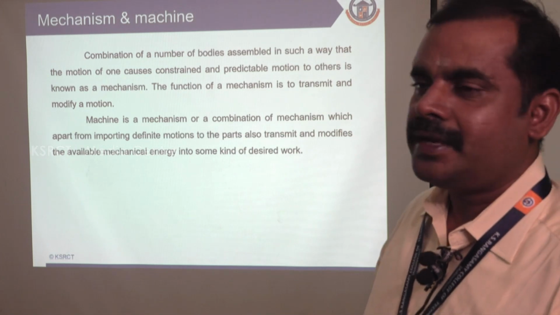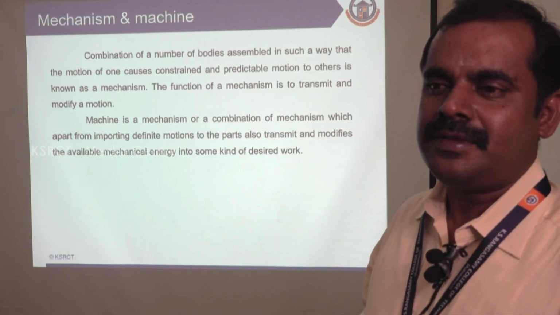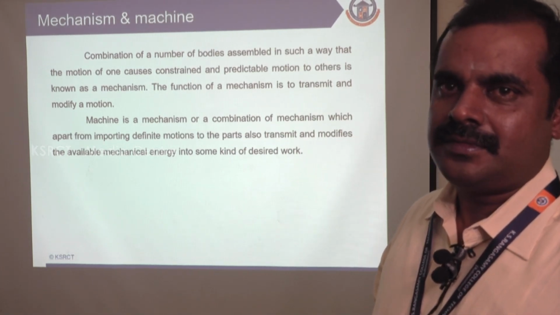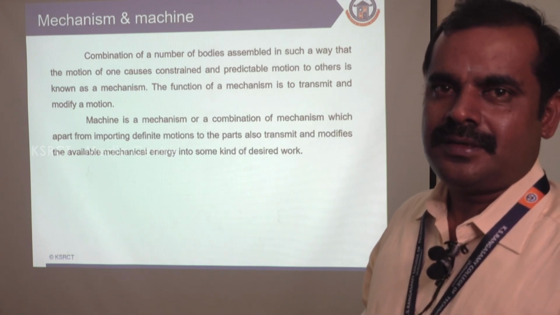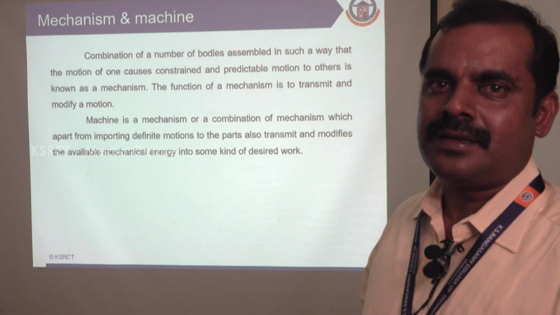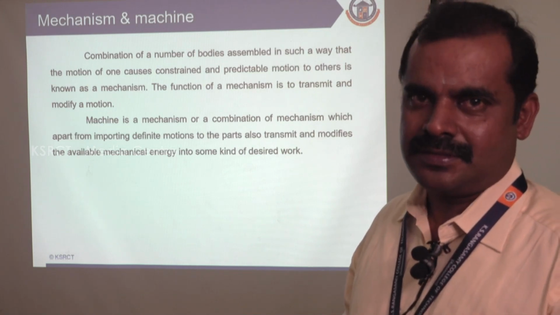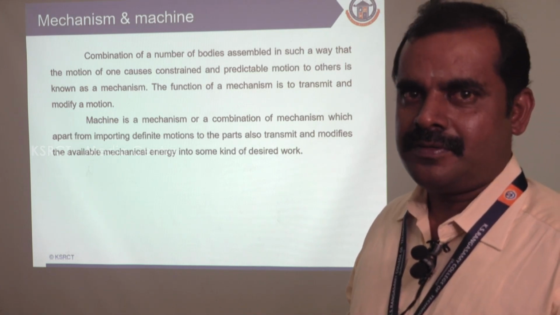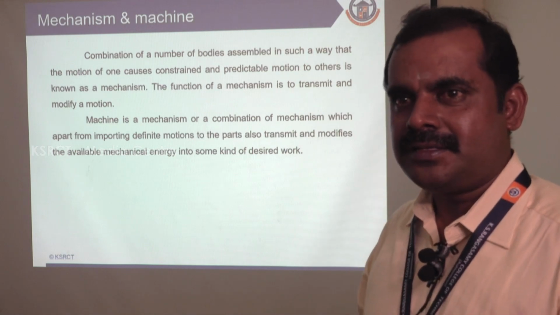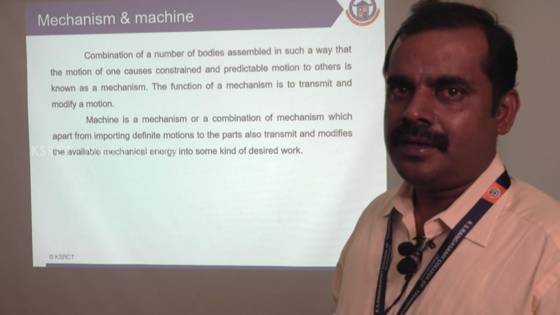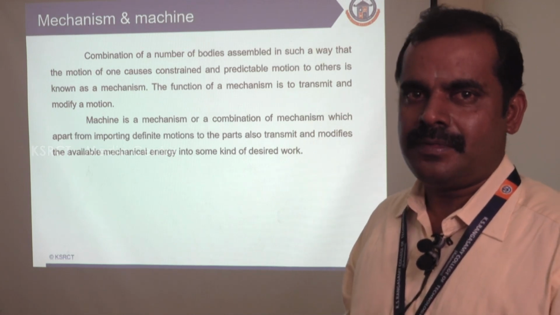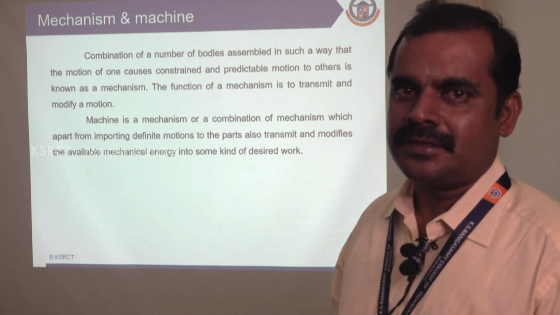Then we have to know the difference between the mechanism and machine. So a mechanism is a combination of links, pairs and joints, whereas a machine is a combination of different mechanisms. So for example, if you take engineering mechanics, the particles have no specific shape, but they have some kind of mass.